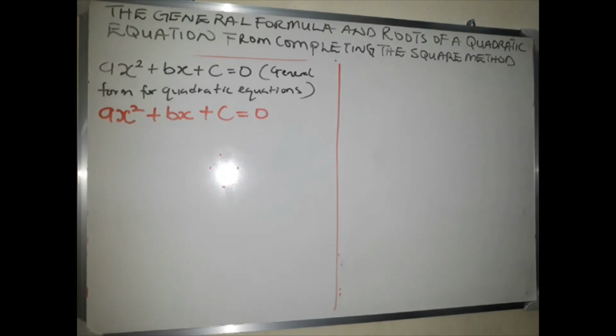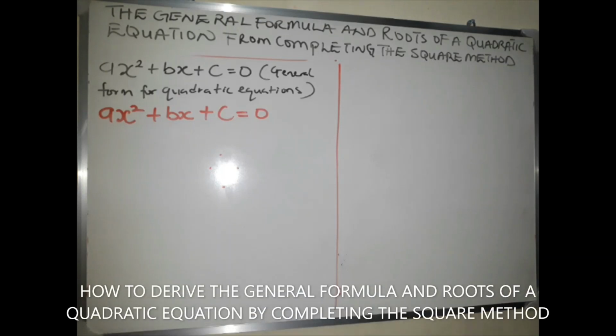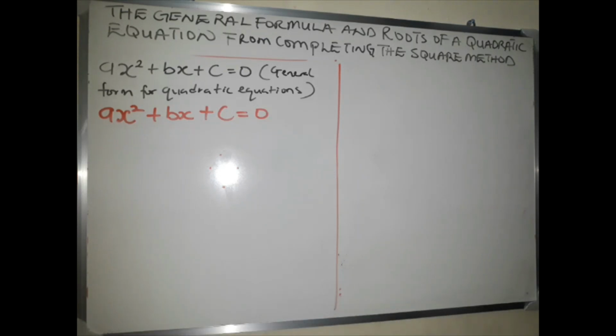Today we'll be learning how to obtain the general formula and the roots of a quadratic equation from the completing the square method. And we all know that in terms of solving quadratic equations, we have about 4 different methods in which we can solve a quadratic equation, and one of them is by applying what is referred to as the general formula method.